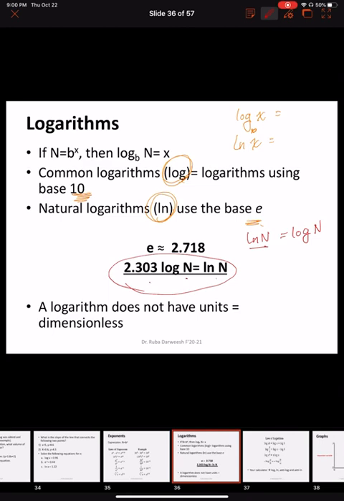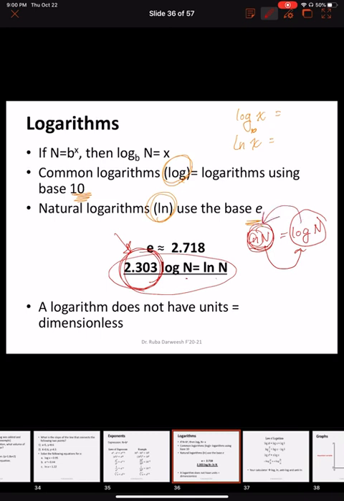So you'll find this number is a magic number because it's what converts log to ln. So just make sure that you are able to convert log to ln or vice versa.